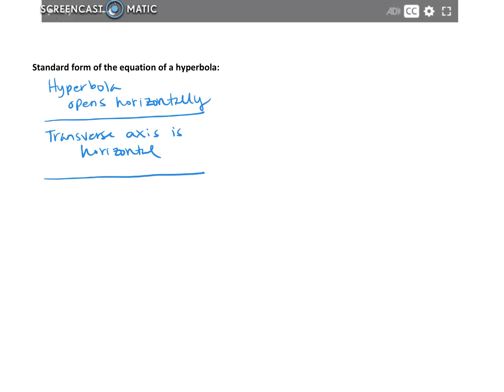Here is the equation of that hyperbola. Standard form is going to be x squared over a squared minus y squared over b squared equal to 1.